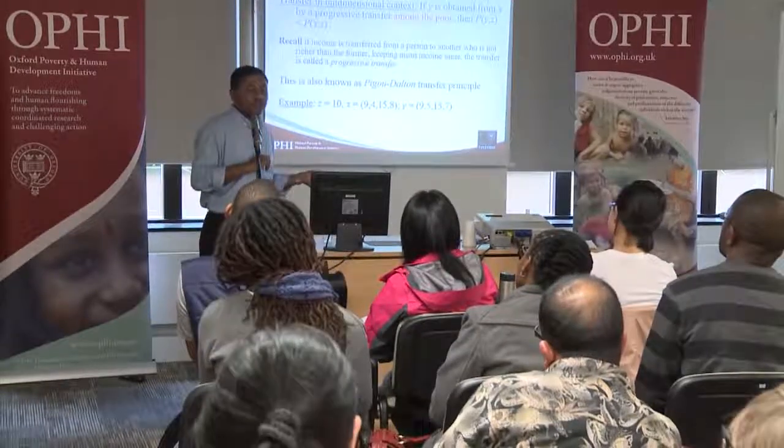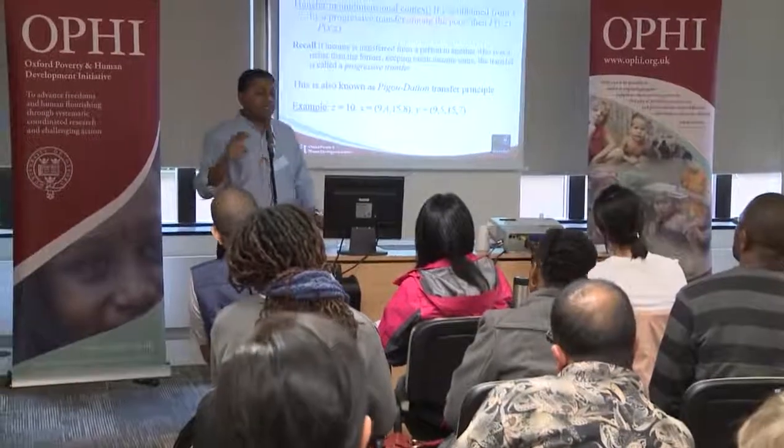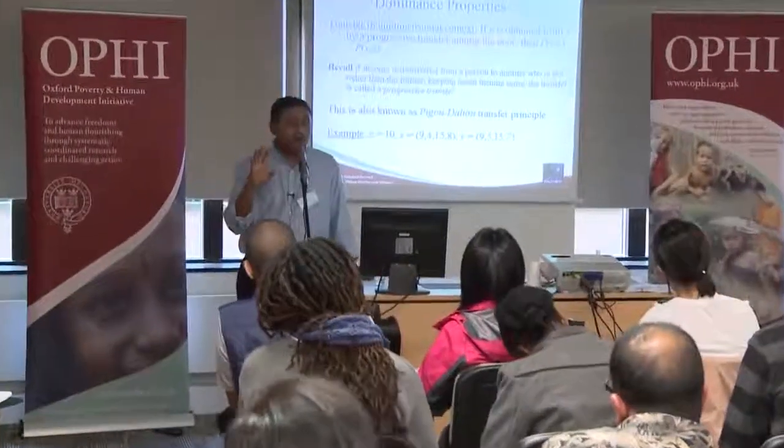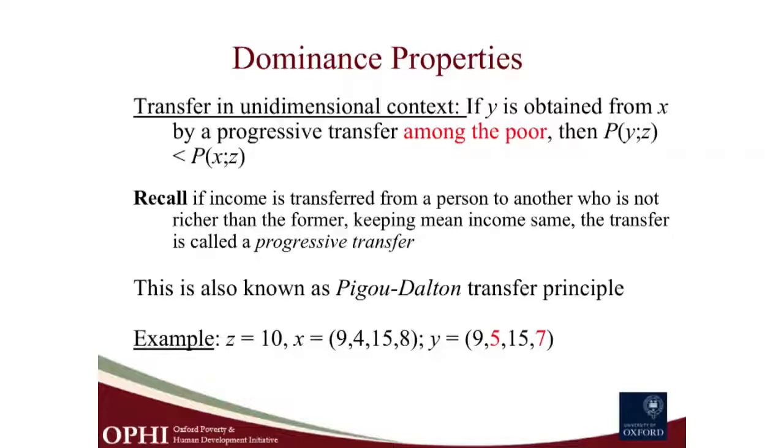Transfer in the unidimensional context. I will introduce it, and this is something that we will not be focusing too much on in this particular summer school. But still, I'm introducing this concept because some of the relevant properties will be used.